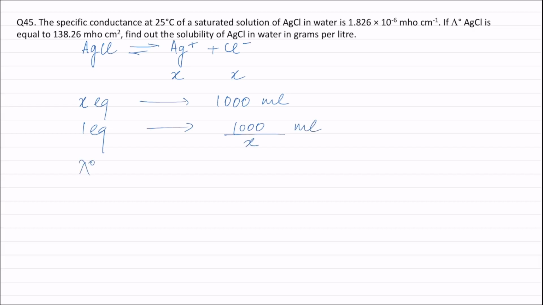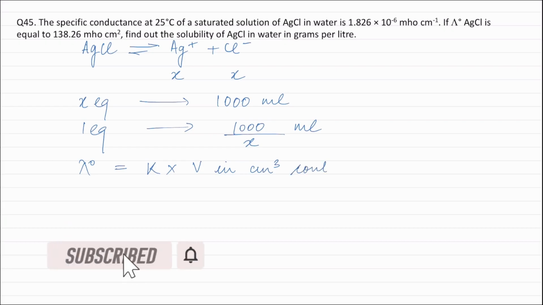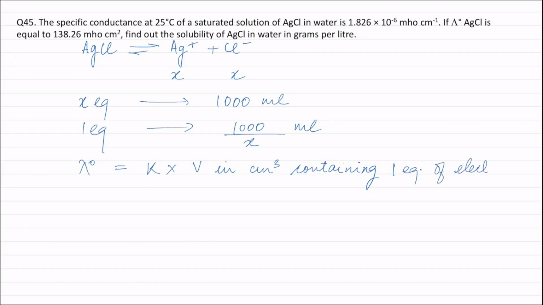Now, equivalent conductance is equal to specific conductance into volume in centimeter cube containing 1 equivalent of electrolyte. The equivalent conductance value is given as 138.26.